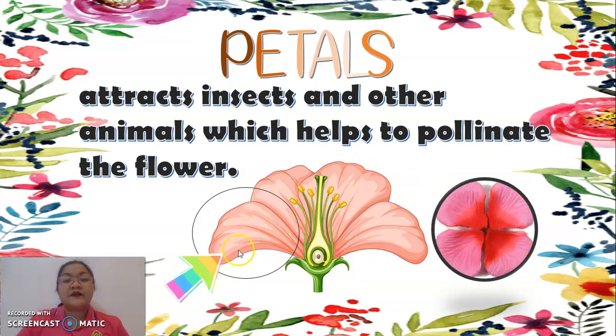They are beautiful so that they can attract insects or animals to help them pollinate. Just like the bees, when a bee sees flowers, it gives pollen to the flower.